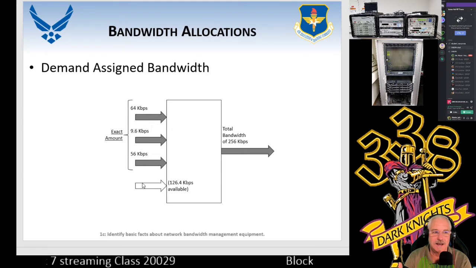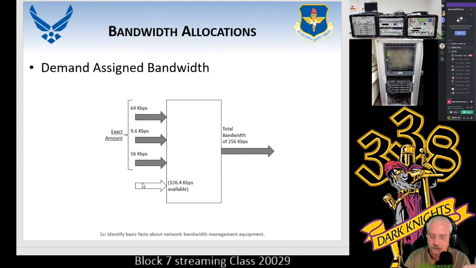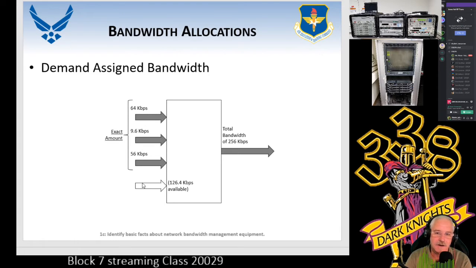So what it's saying is if I'm doing 9.6K and I'm running a video and it requires 64K, then I have a very good opportunity to use 64K. It's just like the internet. During the daytime, from about 2 or 3 o'clock all the way up to 8 or 9 o'clock, you're probably going to be waiting for your time to get on the internet using the TDM method.